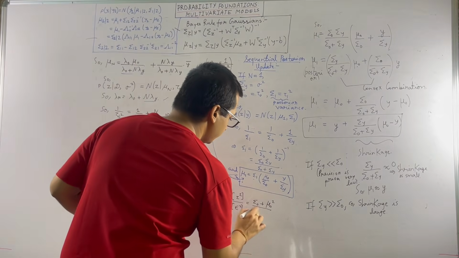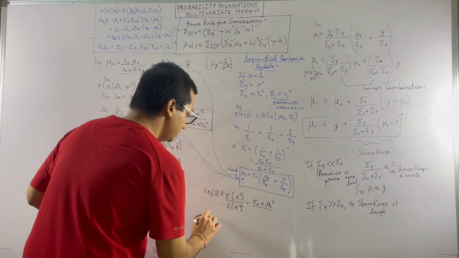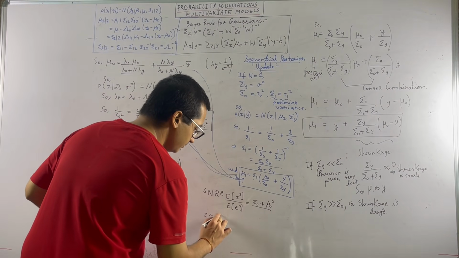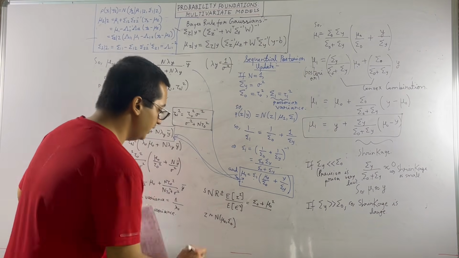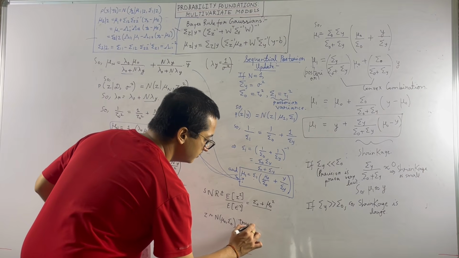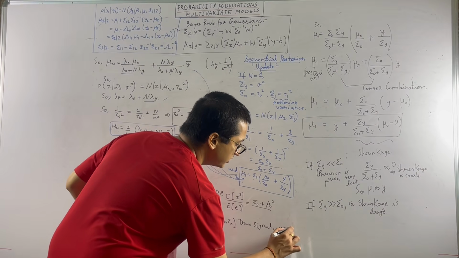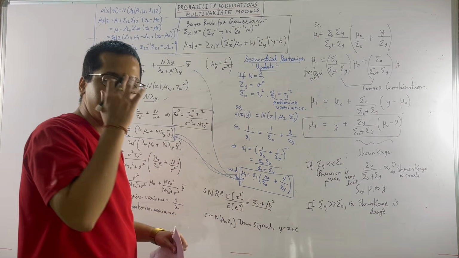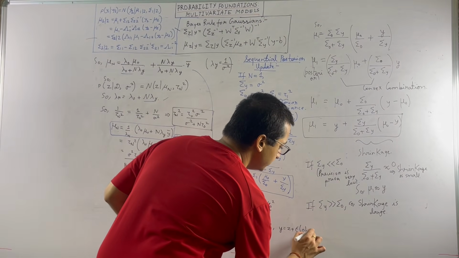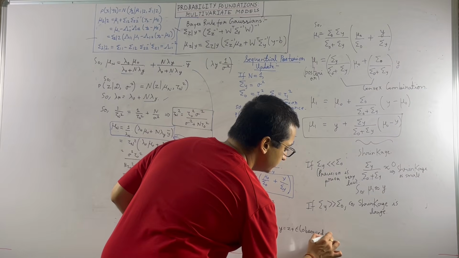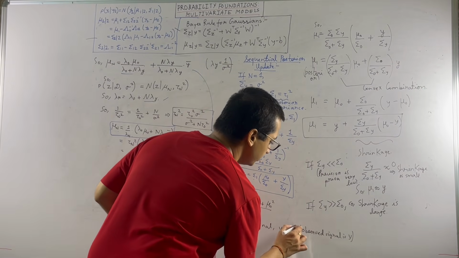And epsilon is just noise. I sample z from a normal distribution with these parameters, and this is my true signal. Y is equal to z plus epsilon, which is my observed signal. We add some noise to our latents, and that is what we observe in the real world. So the observed signal is y, and epsilon is my noise.